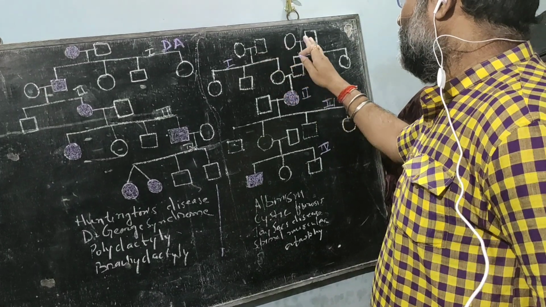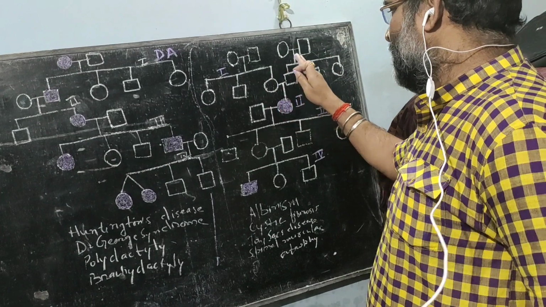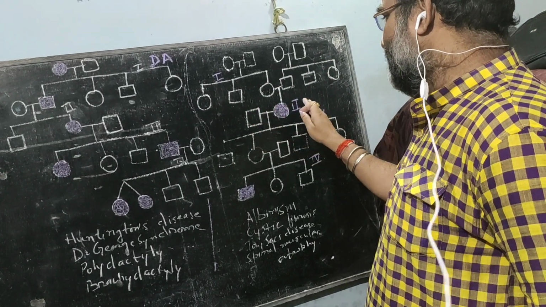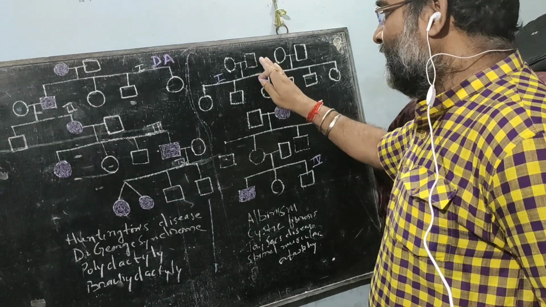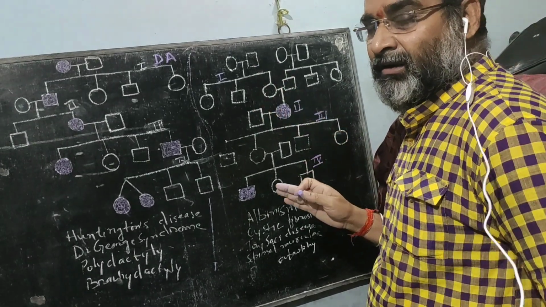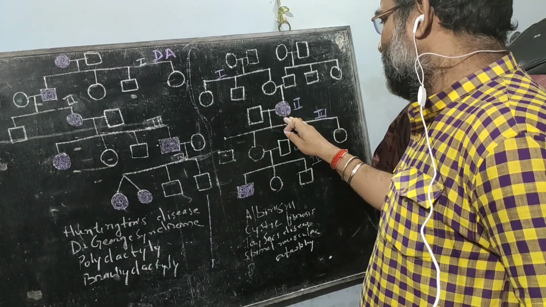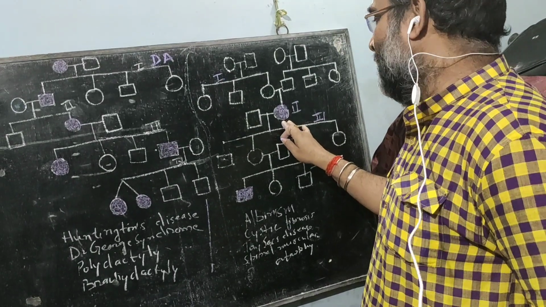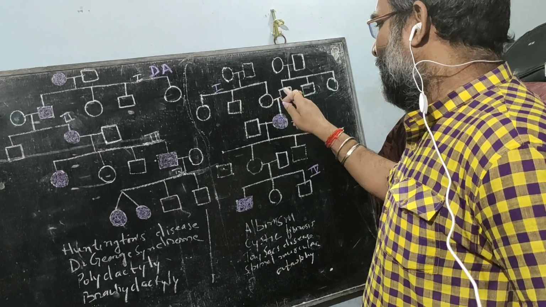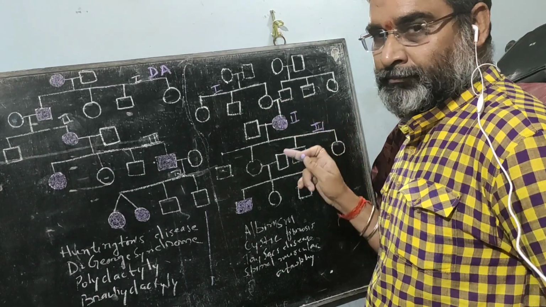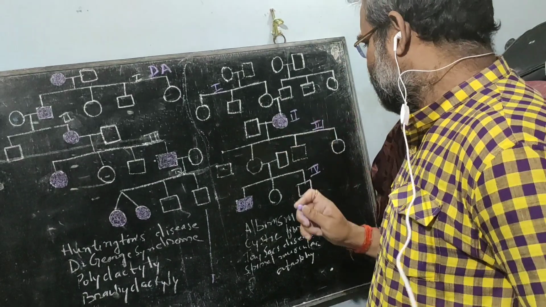In the parental generation and in the first generation the trait does not appear, but in the second generation it is observed in the female, where the mother and father of the daughter are both normal.